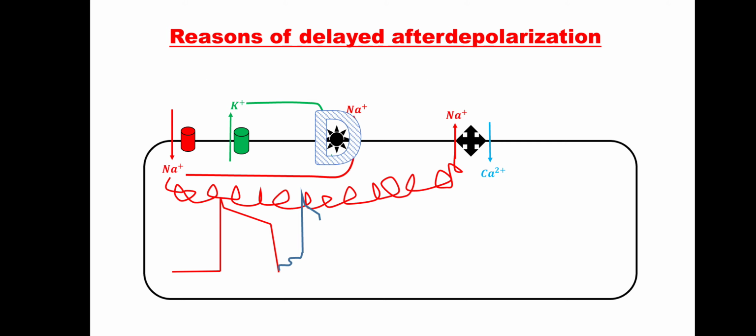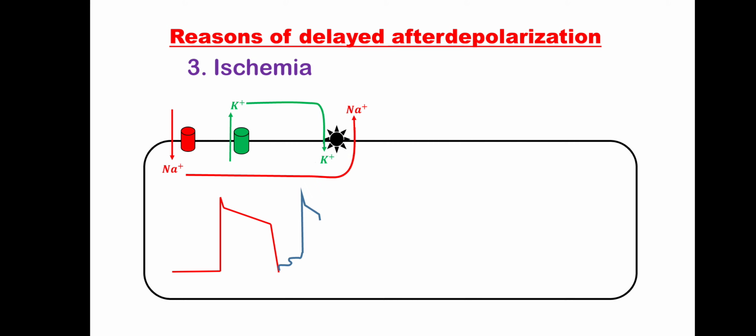Next, our third reason behind delayed after depolarization is ischemia. What do you mean by ischemia? Ischemia means there will be a deficiency of oxygen, and oxygen has a huge role to play inside our body, among which one important role is the electron transport chain.